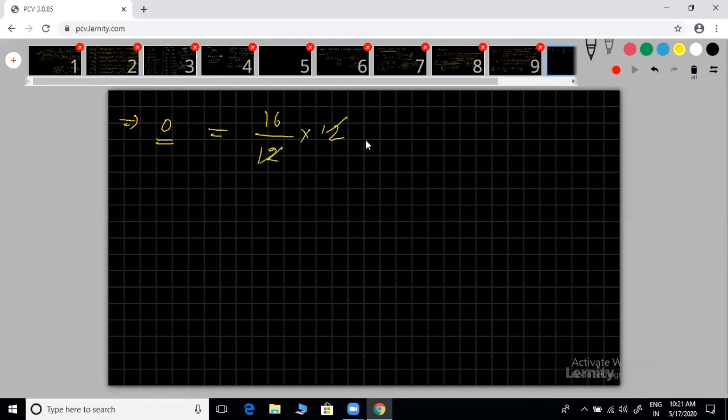How much will you get? 16. Find nitrogen atom weight: 14 by 12 into 12. How much will you get? 14. So nothing new here. These are the relative atomic masses.